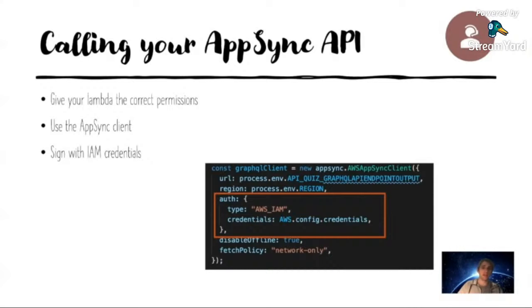Here I'm using the AppSync client, and I'm telling the AppSync client, okay, for authorization, I'm going to sign this request with my AWS IAM credentials. And here you see the code for the way of doing that. So if you use this code to authorize your calls, the permissions from your Lambda function will be used to make the call to the AppSync service.